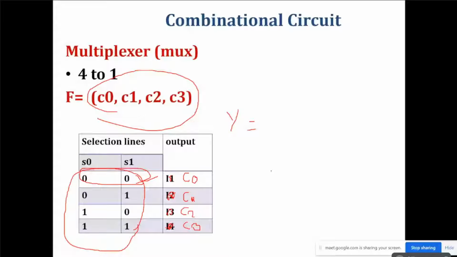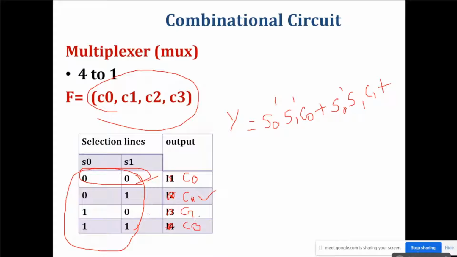So the expression is S0 dash S1 dash C0, plus S0 dash S1 C1.